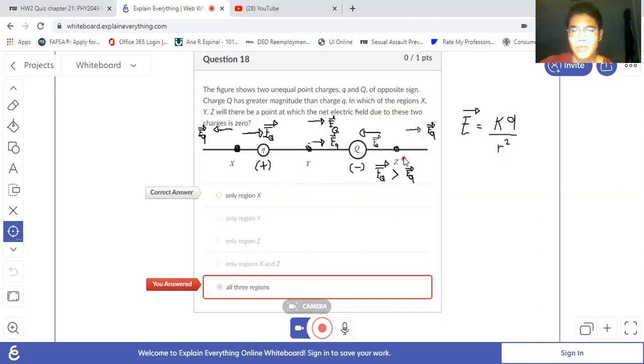Z, if a point is on this side next to large Q, you'll notice that the electric field is equal to K times the charge over R squared. At large Q, the radius is a lot smaller, which is going to make this electric field large, and the charge is a lot larger, which is also going to make this very large.